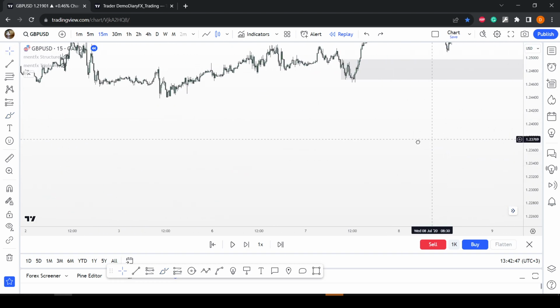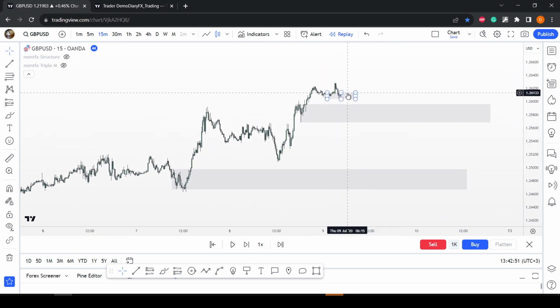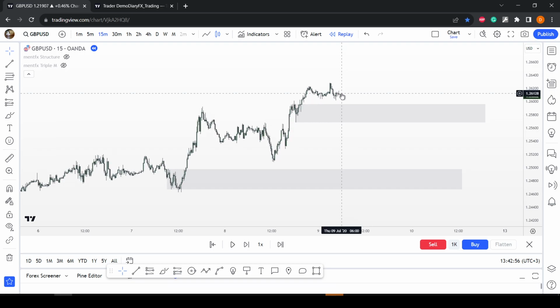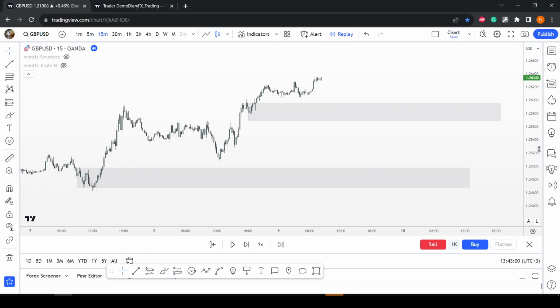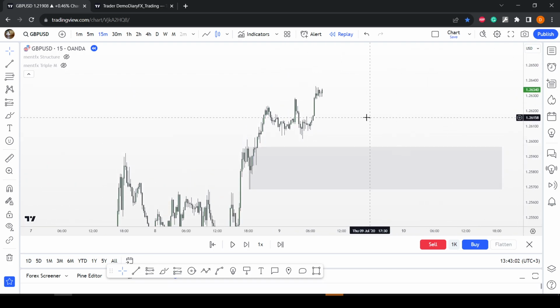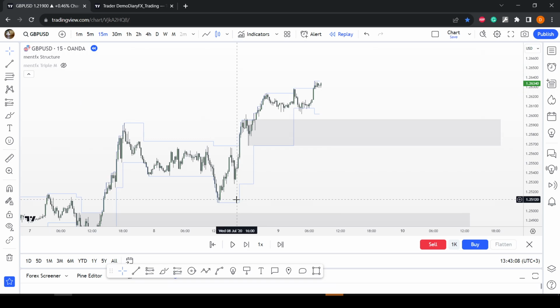But by the way, that's Asian session, so of course this will not be an entry. This will not even be a zone. Interesting. So this is actually the beginning of London. The problem with this setup is that we already have 1, 2, 3 shifts to the upside.